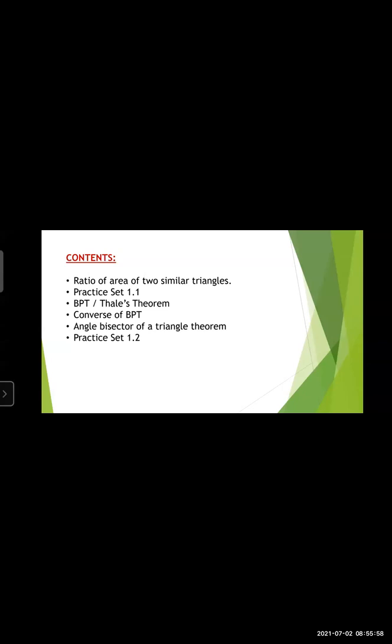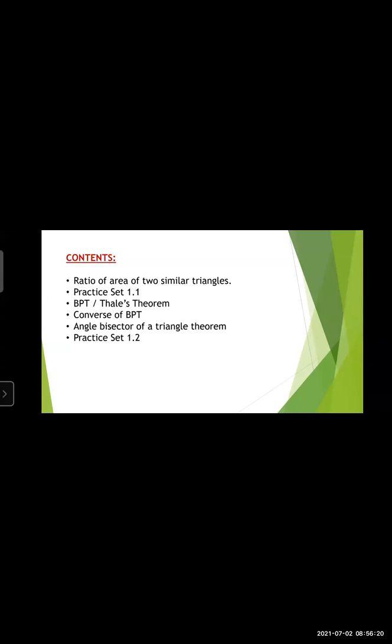If two triangles are given and they are similar, then how do we find the ratio of the areas of the given triangles. Then we solve practice set 1.1. Then we see BPT, the basic proportionality theorem, also called Thales theorem, and then the converse of BPT.